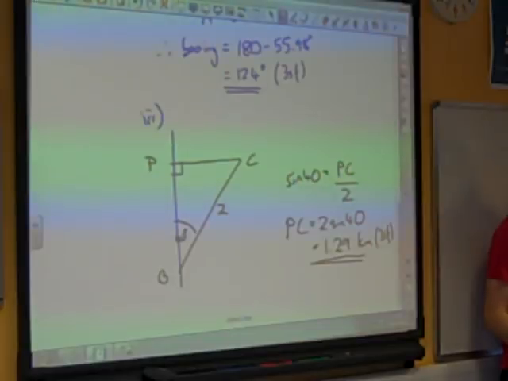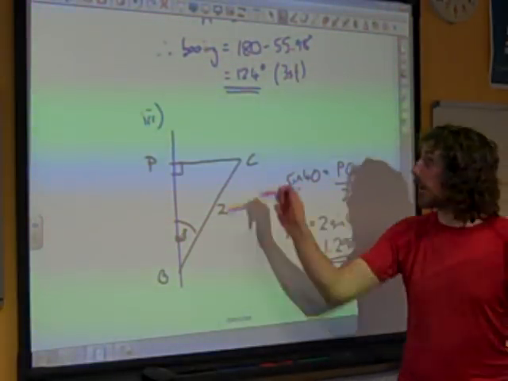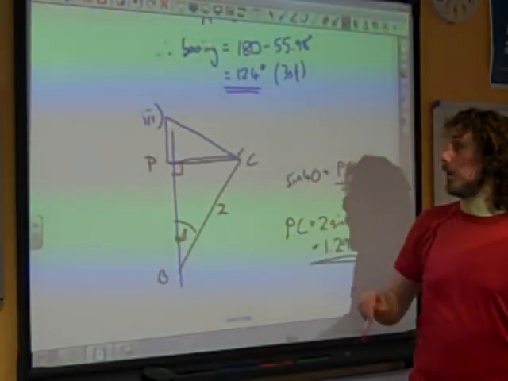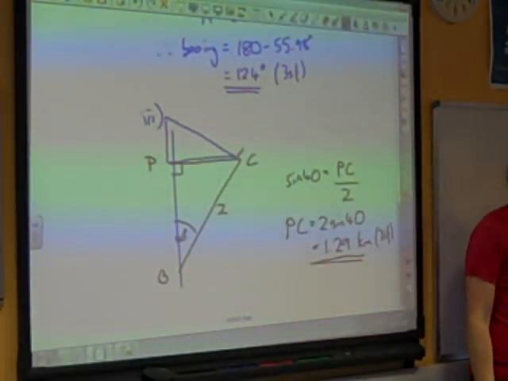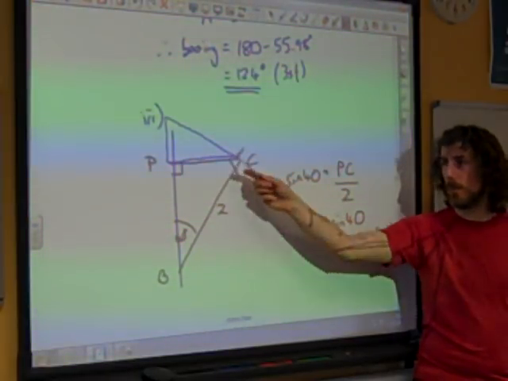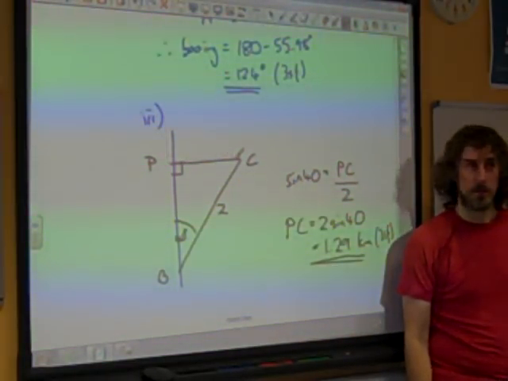Okay. You could have done that with the other right-angled triangle, the one that's up here, using the bits that you know about that triangle up there. But it's more exact because we had to calculate all the bits, whereas this one we were given in the question. So that makes more sense.